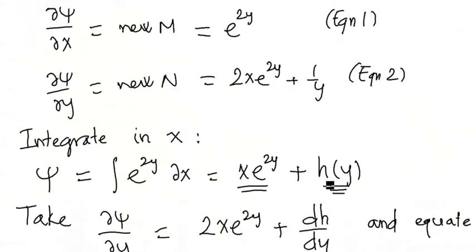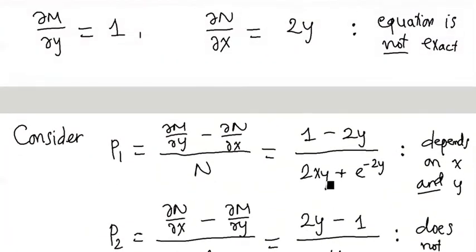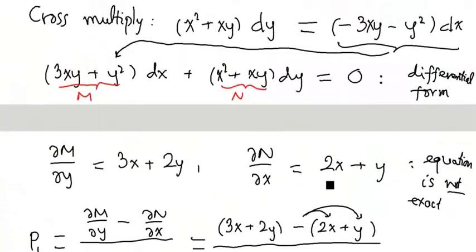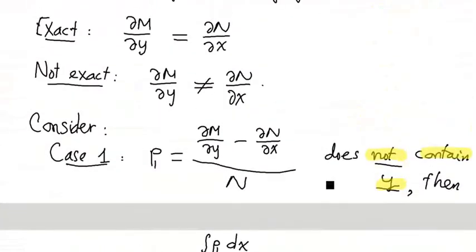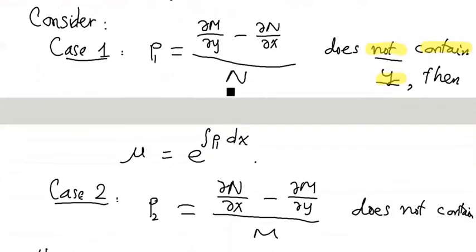Now, I want to emphasize again, the idea here is that we are given a differential equation. We rewrite the equation in the differential form like that, and we check for an exact equation. If the equation is exact, then we can solve right away. But if it's not exact, then we consider one of the two cases. We consider first P1, take the ratio correctly, and check.